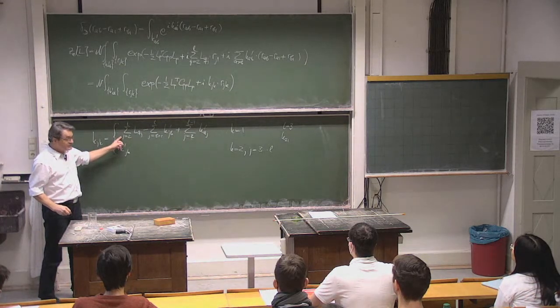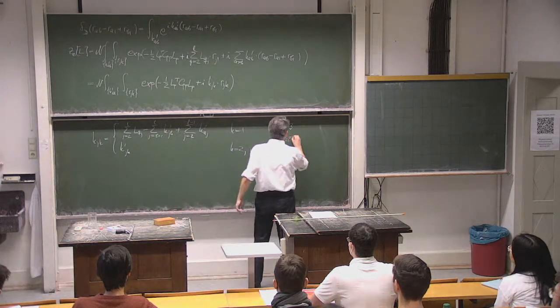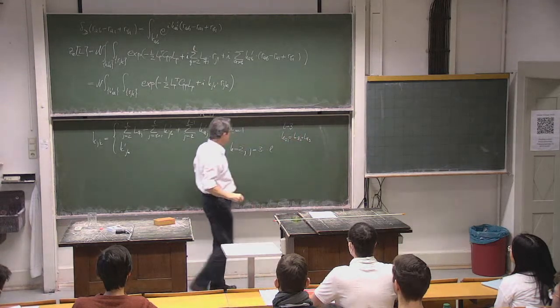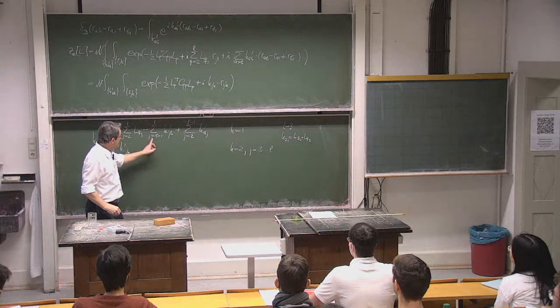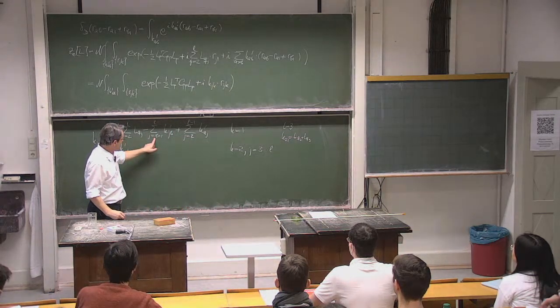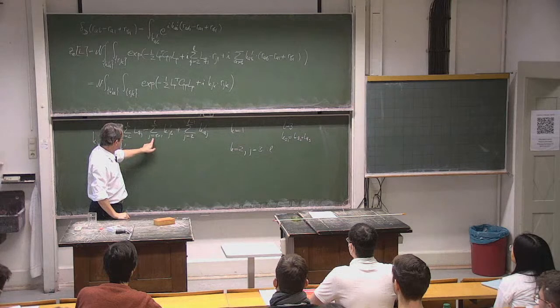Now here we would have to take the sum from 2 to 3. So this is LQ2 plus LQ3. Then we would have K is 2.